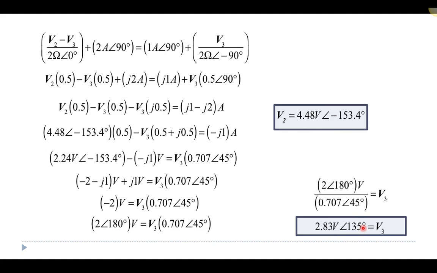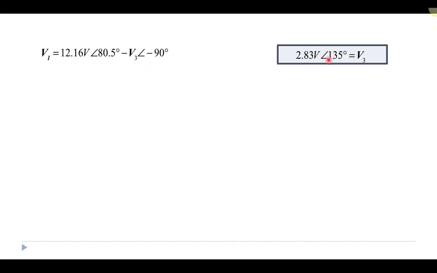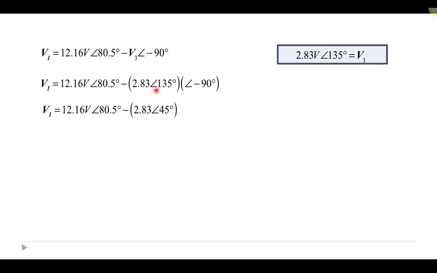So the last step is to figure out what the voltage V1 is, and I can go back to my expression where I solved for V1 from node 2 in terms of V3, and plug in the value that I have for V3 here. When I plug that in, I can now multiply by my phase angle of minus 90. 135 minus 90 is 45, and then there was a 1 here, right?